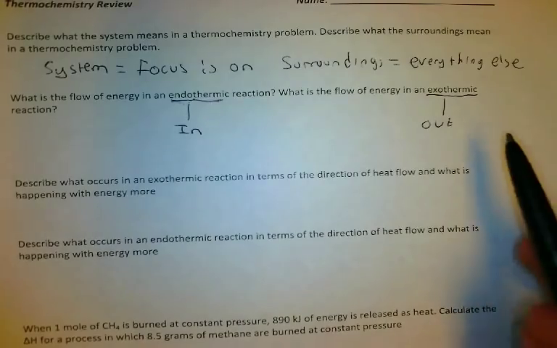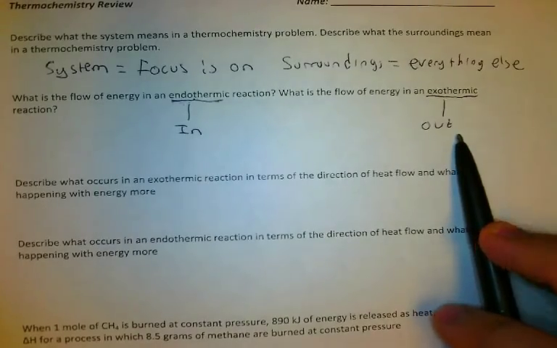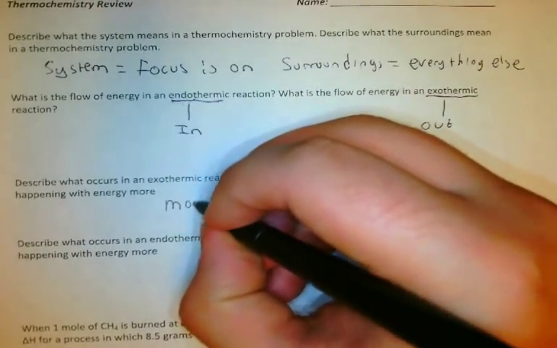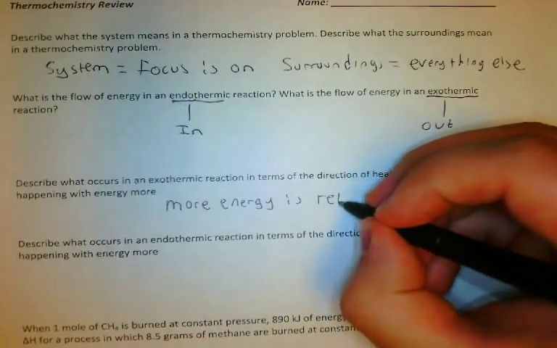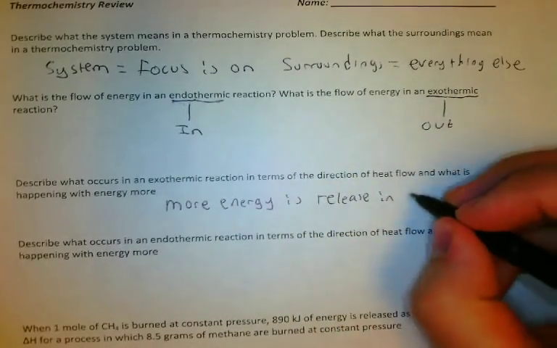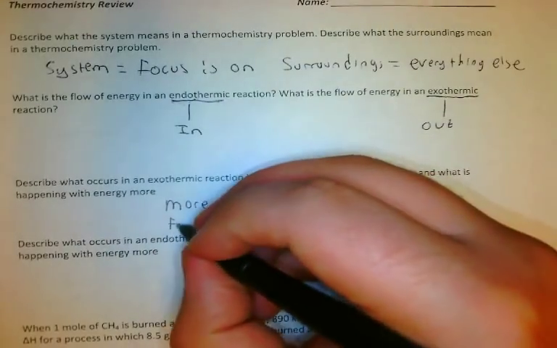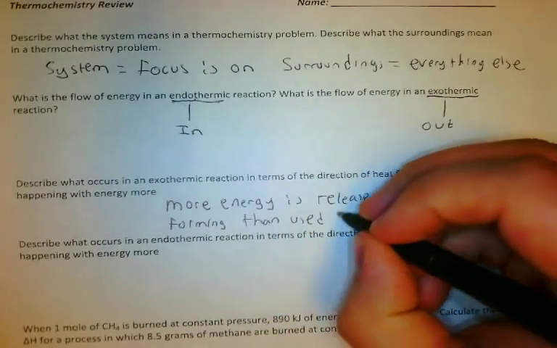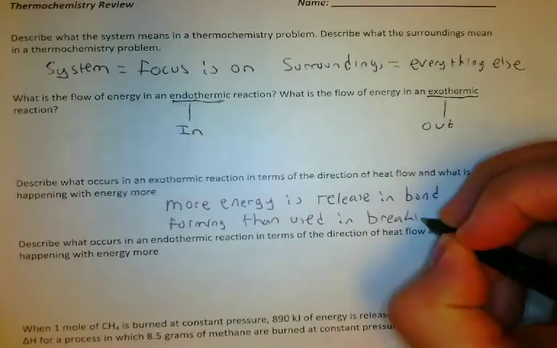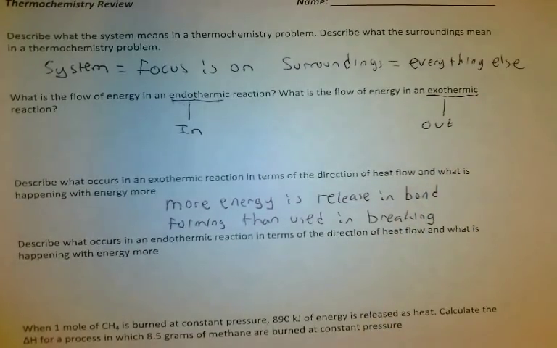If energy is flowing out in an exothermic reaction, that then means more energy is released in bond forming than used in breaking. So it is always a net amount of energy. There's always energy going in to break bonds, always released when bonds are formed. But if more energy is released when it is formed, we would be exothermic.